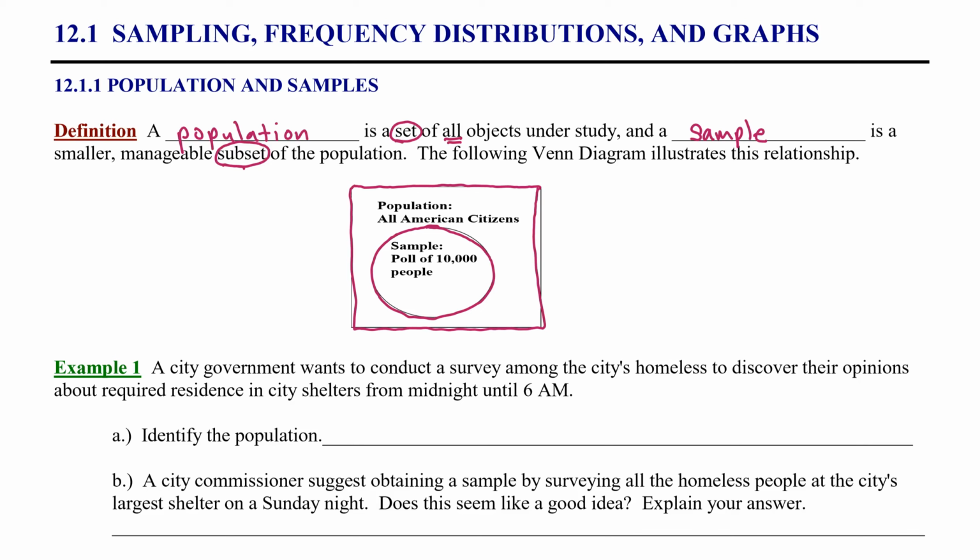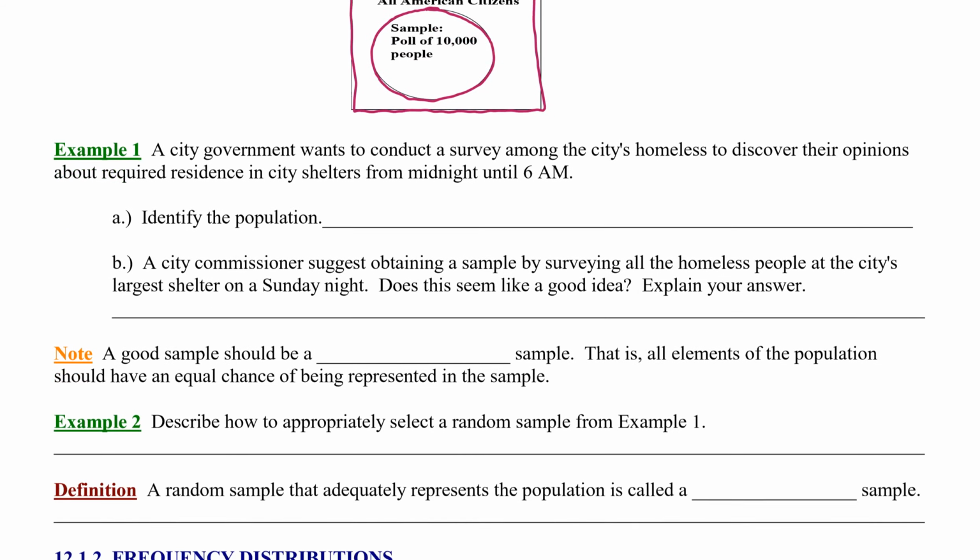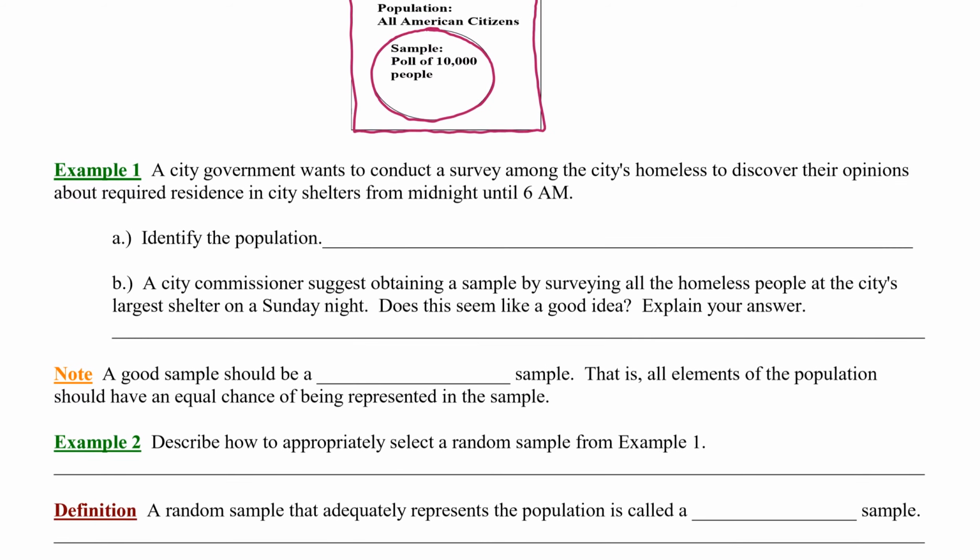Based on the behavior of the people in the sample, that can be a measure for the behavior of the entire population. For example, suppose that a city government wants to conduct a survey among the city's homeless to discover their opinions about required residence in city shelters from midnight until 6 a.m. Let's begin by identifying the population.